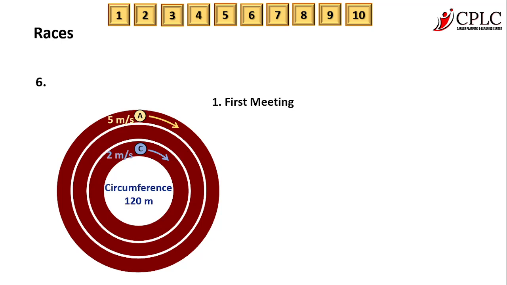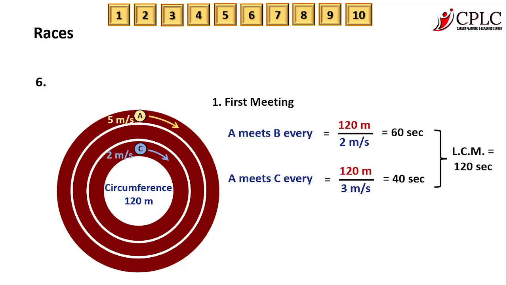So for all three of them to meet each other for the first time, the time taken will be 120 seconds. Why is this happening? Because different people are meeting at different time intervals. So to combine all of them together, we have to convert them to their common multiple, which is the LCM.